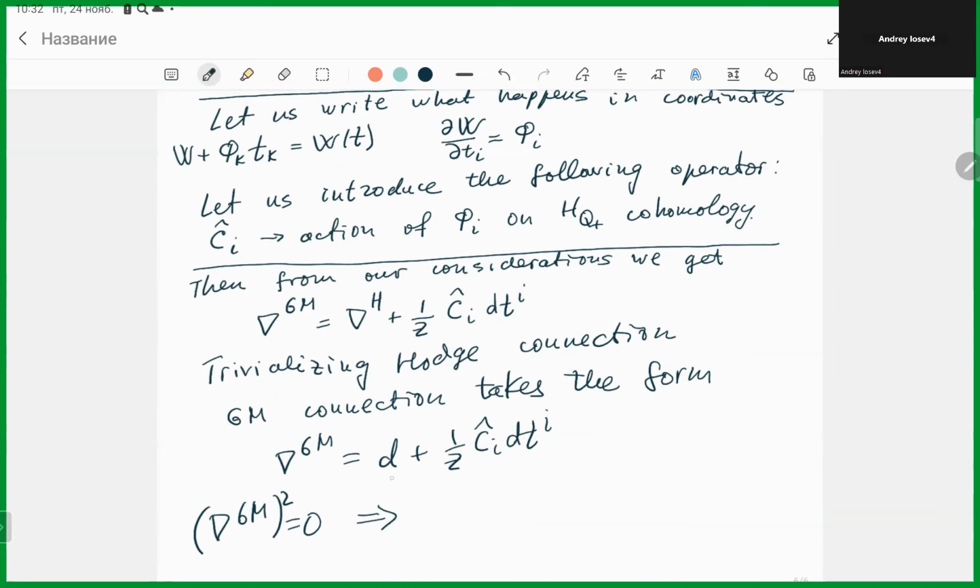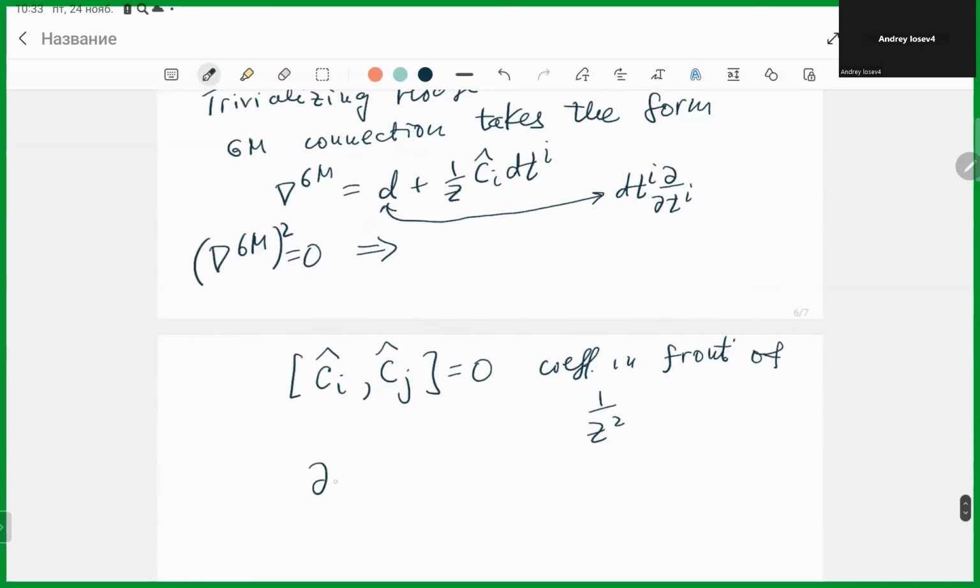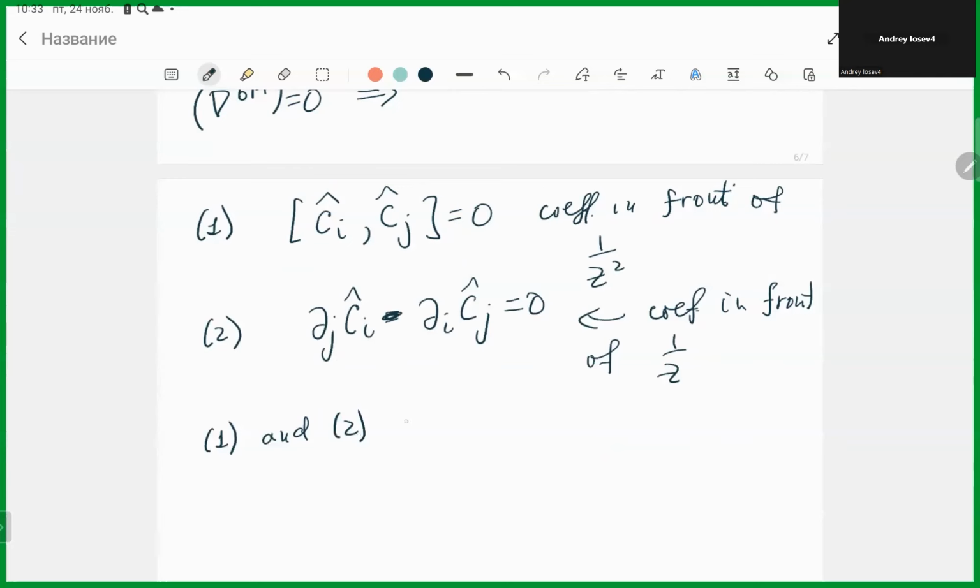So what is this d? d over dt i. From this we will get interesting equations. C i, C j commute. It is a coefficient in front of 1 over z squared. We also have the equation d j C i, okay, I can even write it like this. This is the coefficient in front of 1 over z. 1 and 2 are quite non-trivial equations.